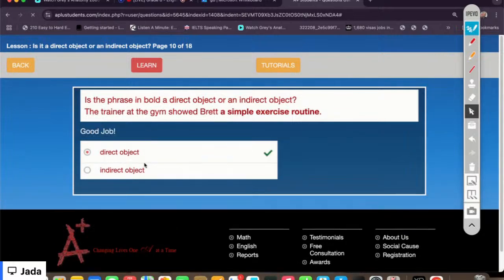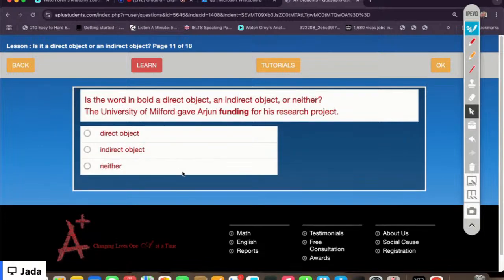Okay, good job, guys. Alright, so we have: The University of Milford gave Arjun funding for his research project. So, indirect, direct, or neither of them? What do you think?